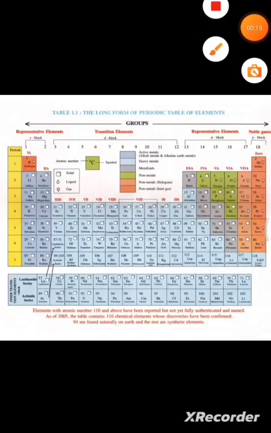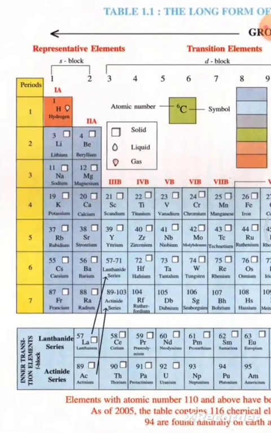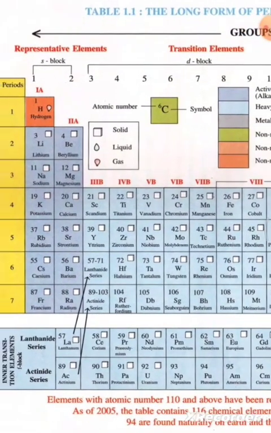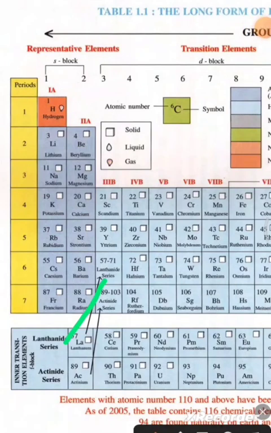One more thing I didn't say at that time, that is the lanthanides and actinides. They are from the group 6, sorry, period 6 and period 7. You can see this lanthanide series is from the 6th period, and the actinide series is from period 7.